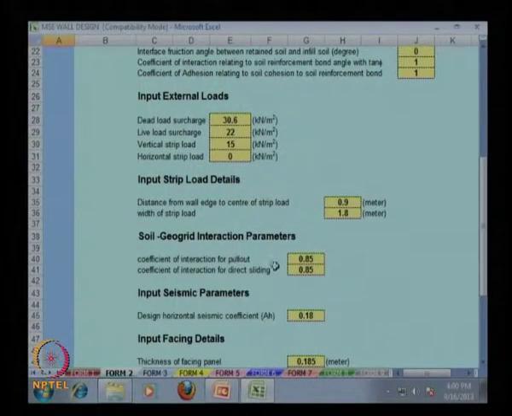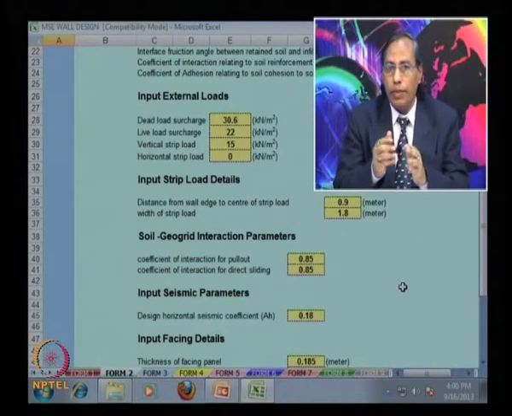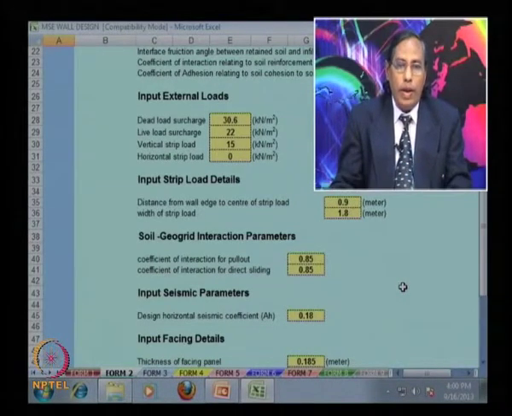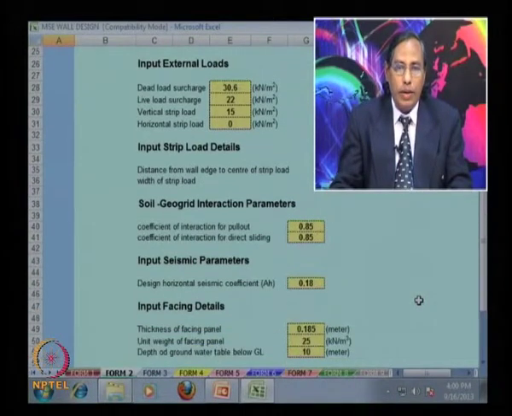Now, apart from that, you have to add the input soil geogrid interaction parameters. The coefficient of interaction for pull out is 0.85, and the coefficient of interaction for direct sliding is 0.85. Now, input seismic parameter. The design horizontal seismic coefficient, AH, is equal to 0.18.